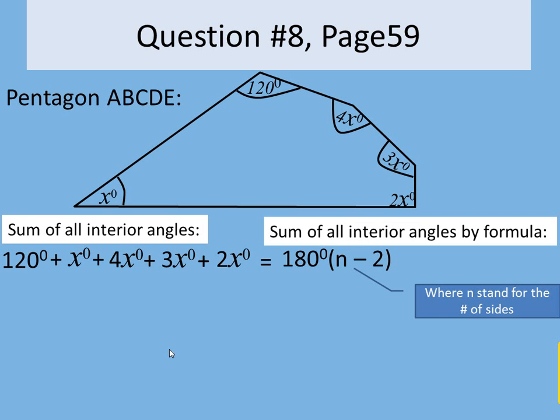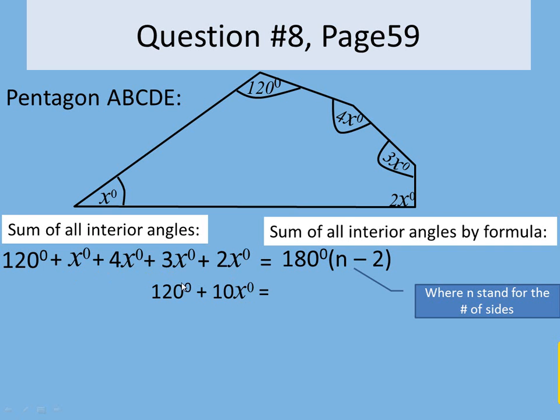Now this pentagon? Well, a pentagon has 5 sides, so therefore n is going to be 5. So by summing the angles here, let's keep the 120 degrees. It's a different algebraic term from the x degrees that we are seeing, but we have x degrees plus 4x degrees, that's 5x degrees, plus 3x degrees, that is 8x degrees, plus 2x degrees, that gives us 10x degrees.